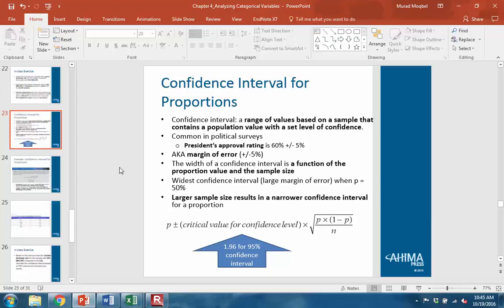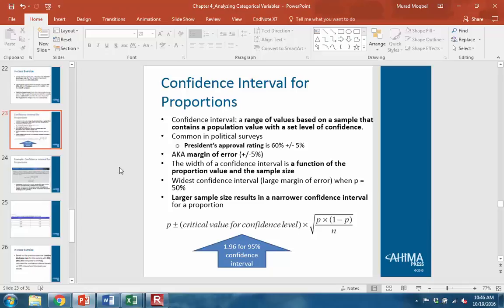But let's start with confidence interval. From its name, confidence interval means there are two limits, the lower limit and the upper limit.